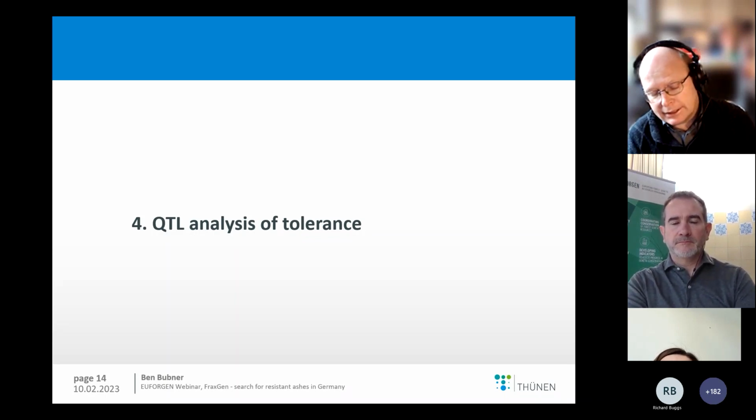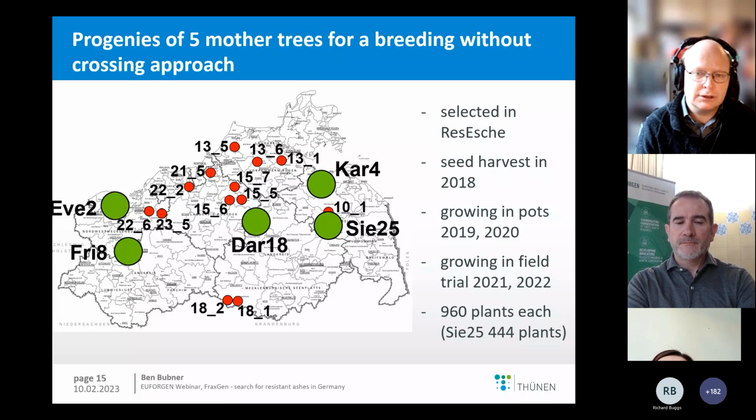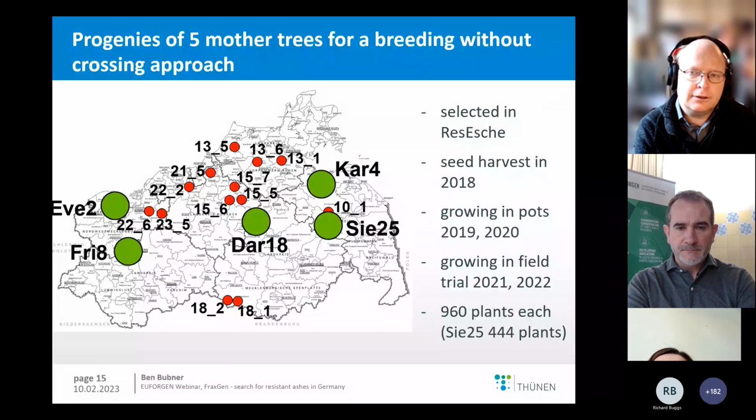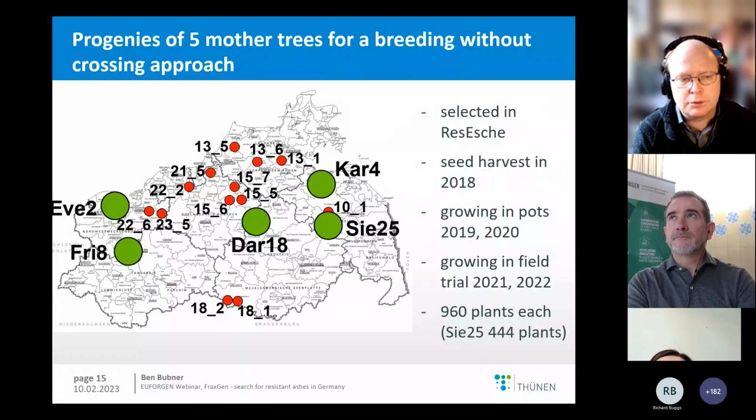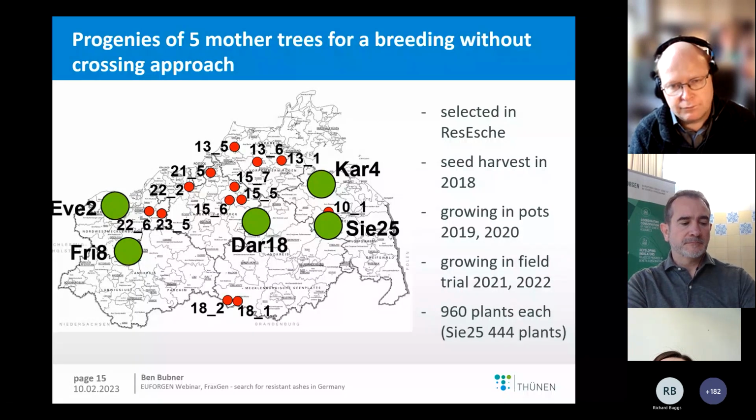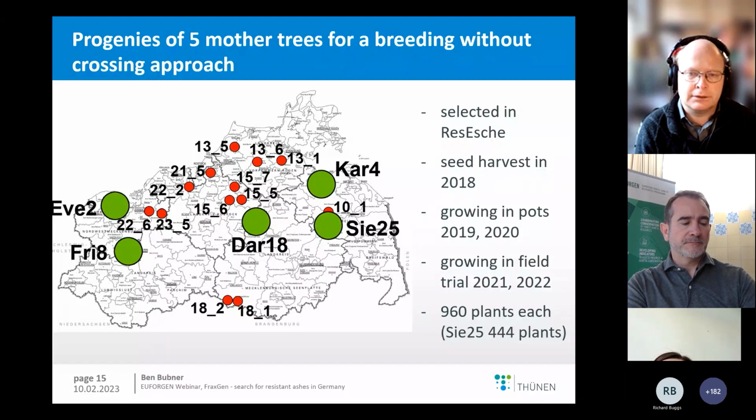And because it is very complicated to cross ash in the field, we decided on another approach. We selected 5 trees in stands, and these 5 healthy mother trees were surrounded by decaying trees. And so we think that when the pollination occurred, it was from a susceptible tree.